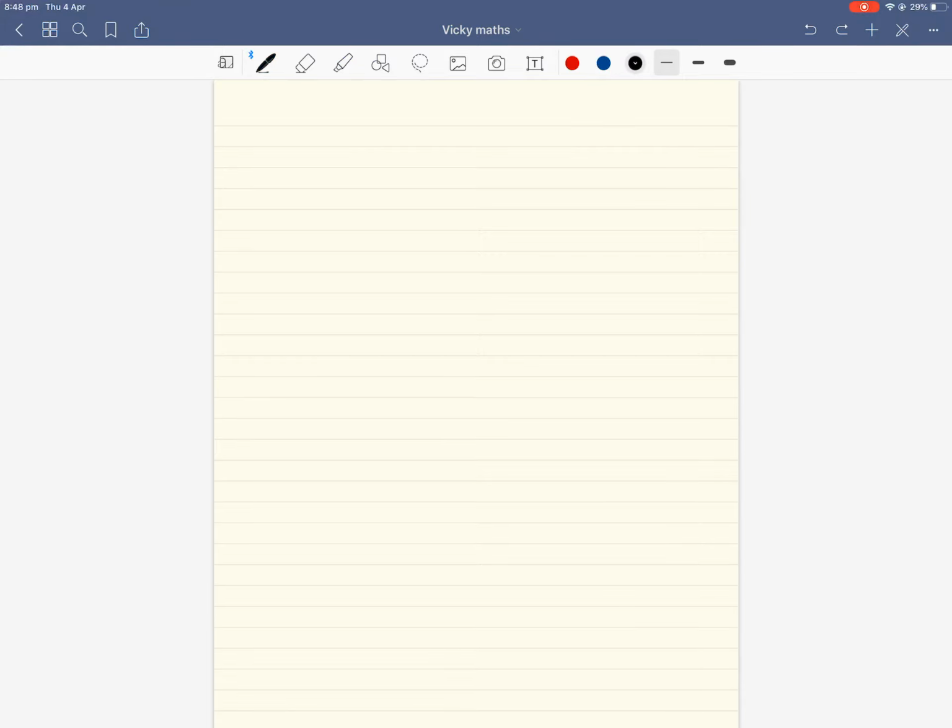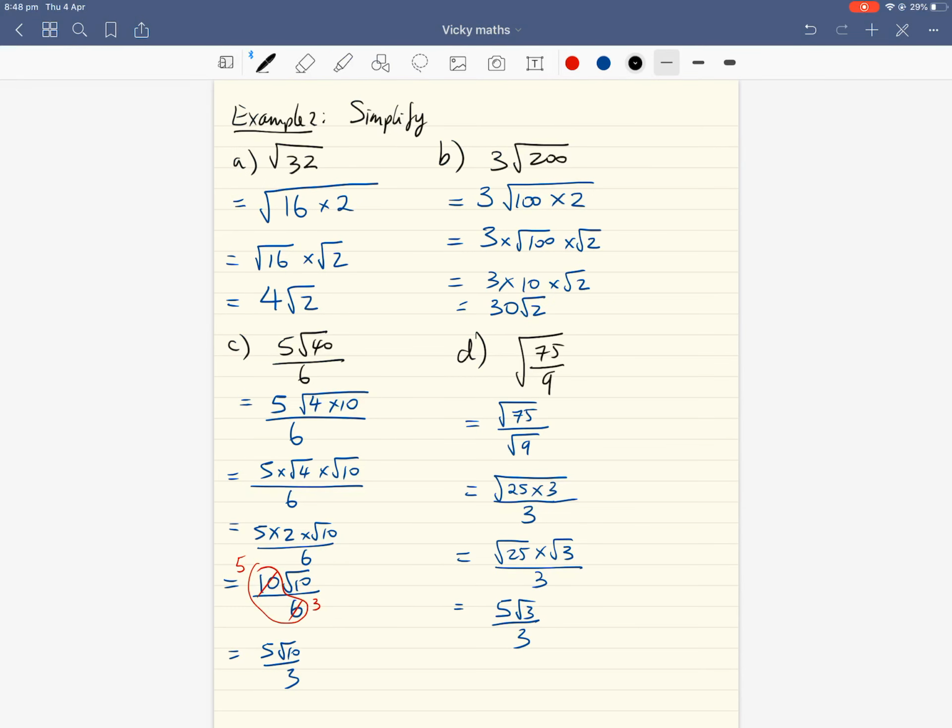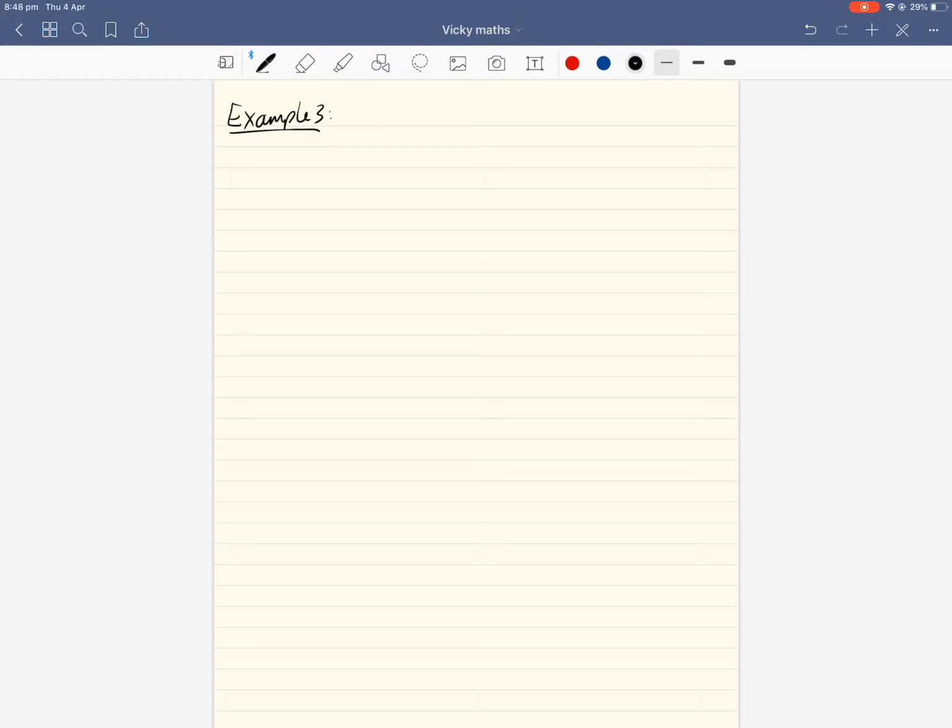Example 3, which I do now, is working backwards. Example 2 was looking at a square root of a pretty big number and simplifying it down, making it nice and small. Going back the other way, given a nice simple surd, can we say what was the original square root we're looking at?